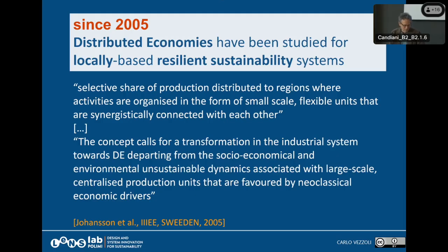The concept called for a transformation in the industrial system towards distributed economy, departing from the socio-economical and environmental unsustainable dynamic associated with large-scale centralized production units that are favored by the neoclassical economic drivers, something that we have been facing during the last decades, always more and more centralization of production and distribution systems, okay?